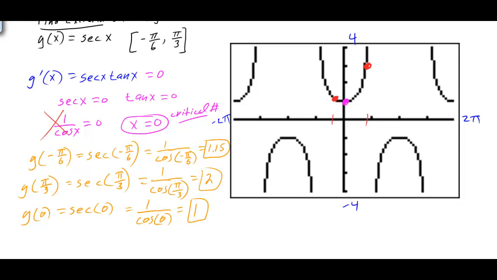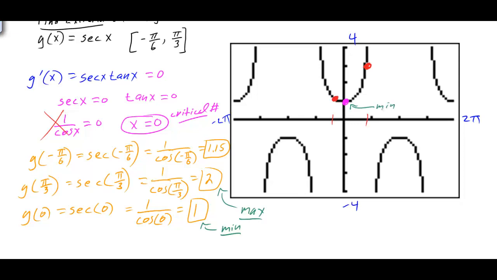And now your final step is we want to compare which one of these points is the smallest. The smallest point here is the 1, so that's going to be our minimum. And the 2 is our largest, so that's going to be our maximum. And if we look, we can identify those. Our minimum here does look like it is definitely the lowest point.